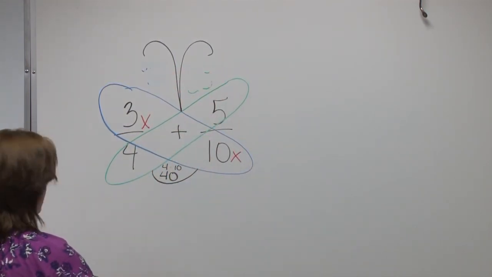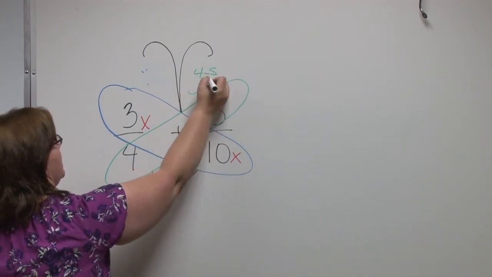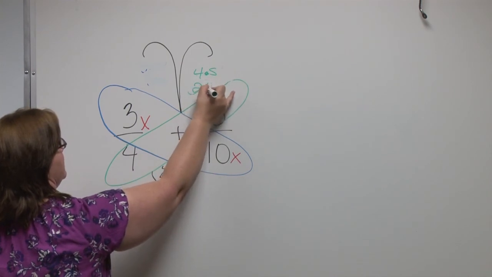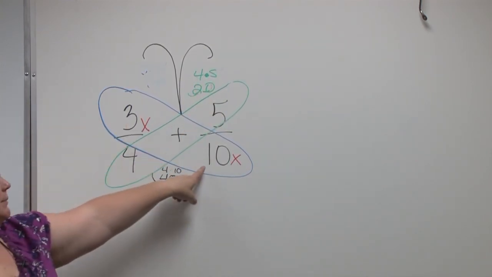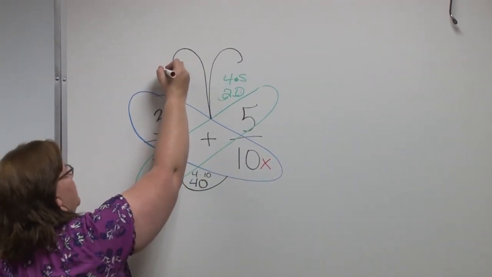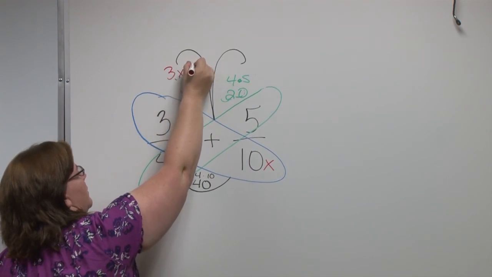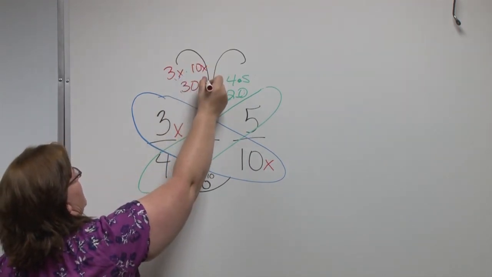Actually, I erased that one, and I didn't need to. 4 times 5 is still 20, so we'll keep him there. That looks like a minus. Perfect. And now we have our 3x times 10x, which will be, ooh, I'm doing it in red, 30, and x times x is x squared.